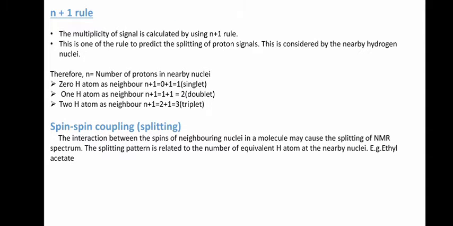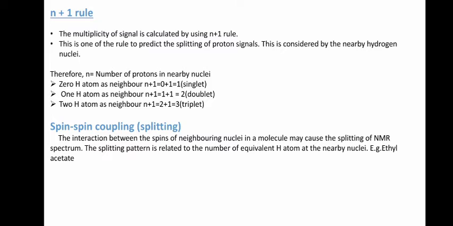N plus 1 rule. The multiplicity of a signal is calculated by using the n plus 1 rule. This is one of the rules to predict the splitting of proton signals. It is considered by nearby hydrogen nuclei.